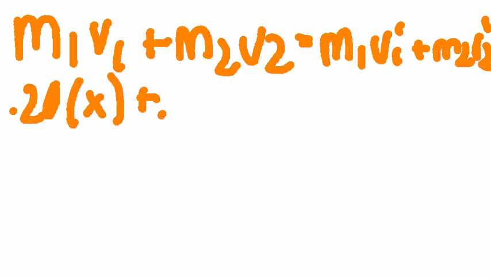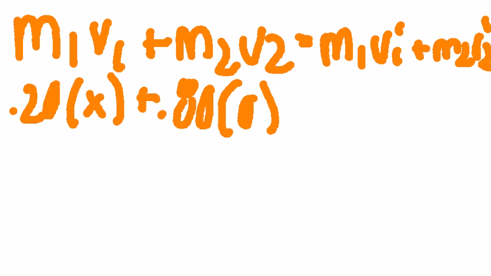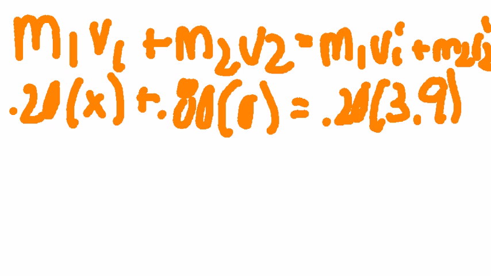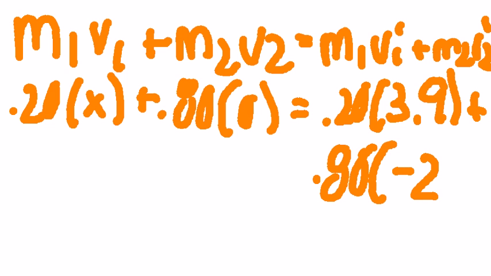And then plus 0.80, and then the velocity is 0, since it was staying still. And then it's going to equal 0.20 times 3.9 plus 0.80 times negative 2.6.